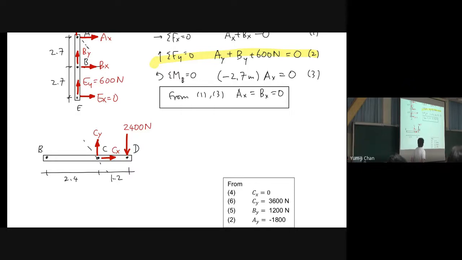Now, the last question is about point B. Of course, we don't know the forces on point B, but in this free body diagram, we have Bx and By here. By action and reaction, I suppose you know this word, right?